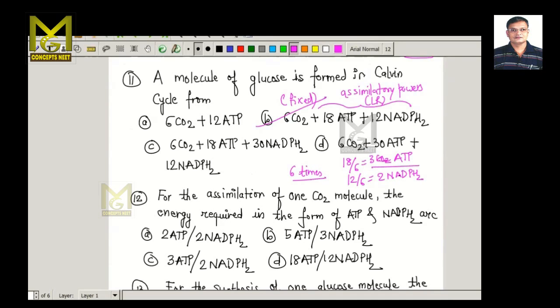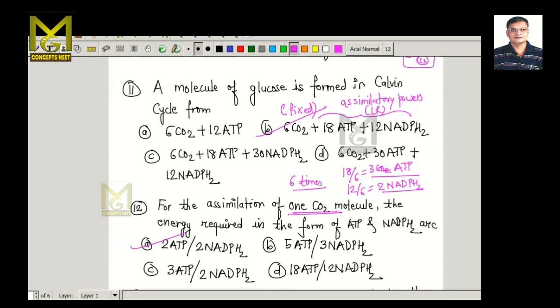This value is for one carbon dioxide molecule. So for assimilation of 1 CO2 molecule, the energy required is 3 ATPs and 2 NADPH2. 3 and 2, so A is not correct. C is the correct option.